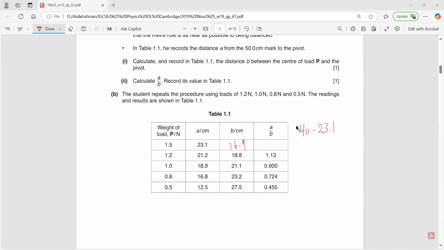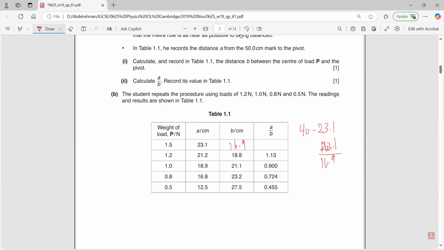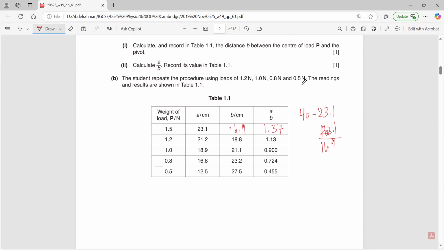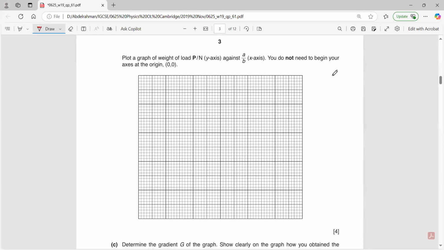Yes, all we do is divide A by B. 23.1 divided by 16.9 gives you a final answer of 1.37. Okay, not bad.